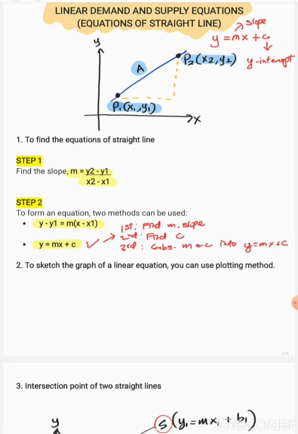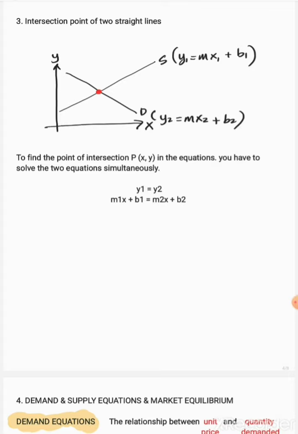And then second, how can we sketch the graph? To sketch the graph of a linear equation, you can use the plotting method. Point number 3, the intersection point of two straight lines. Here I have a graph with the x-axis and y-axis, and two straight lines in the same graph.